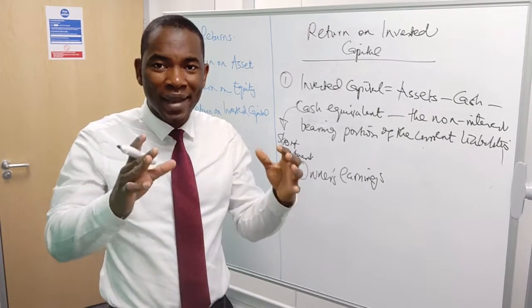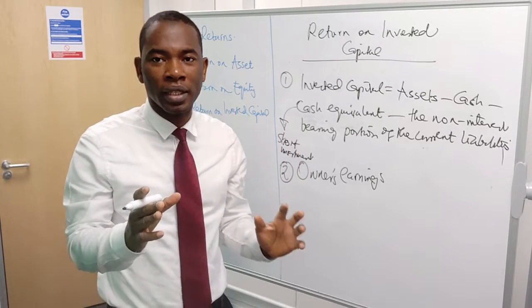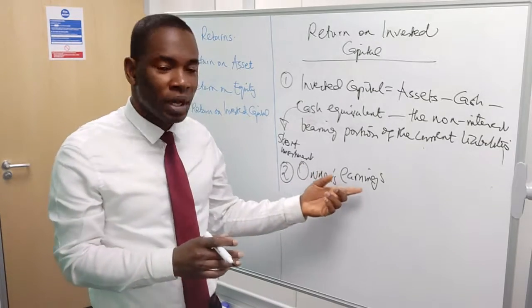When you do that, whatever is left is actually what is in your pocket. So that is what you call owner's earnings.